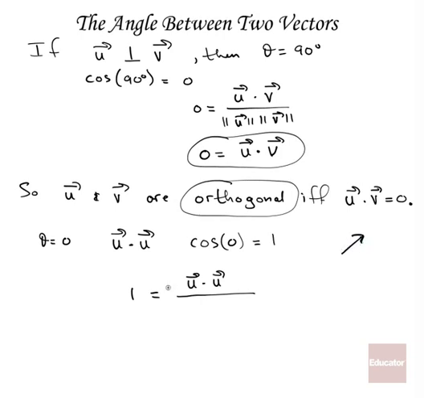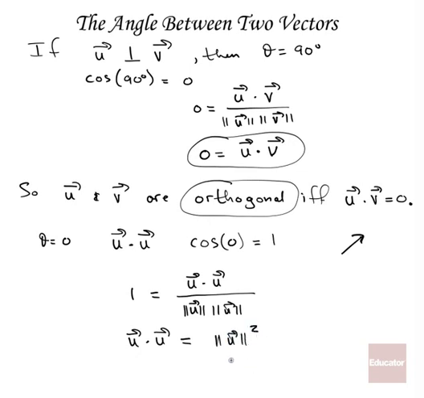So let me see if I can extract some information from this. So the magnitude of u times the magnitude of u, okay, multiply through, and I end up with u dot u is equal to the magnitude of u, which is just a number, squared.